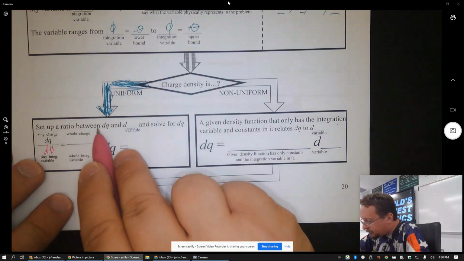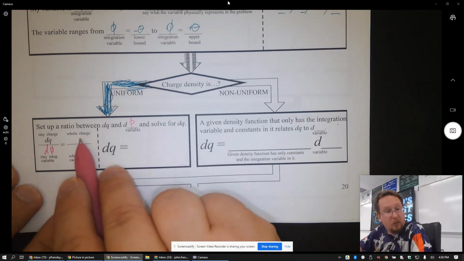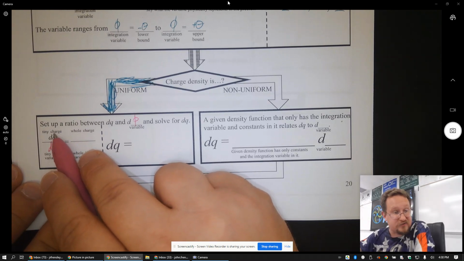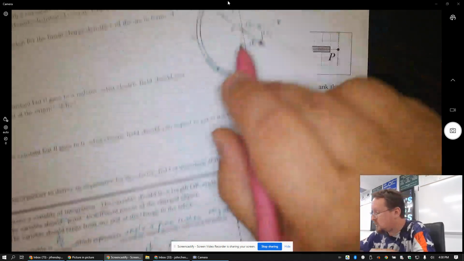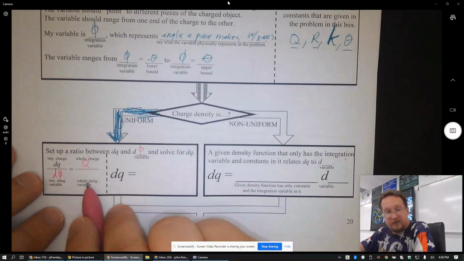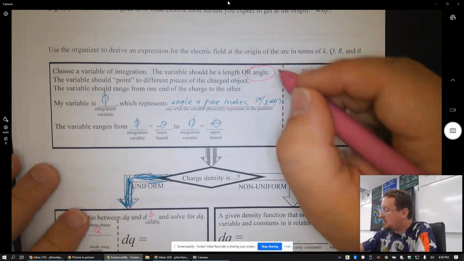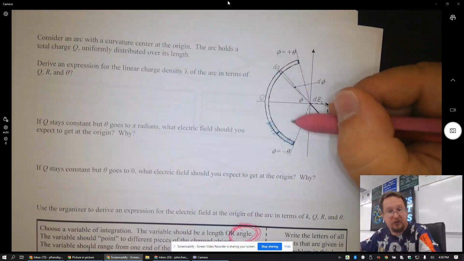All right, so set up a ratio between dq and the variable d phi, solve for dq. Well, I haven't finished my ratio yet, because the ratio is tiny over tiny equals whole over whole. What's the whole charge? The whole charge is capital Q. What's the whole angle? Remember, this is an angle that we're talking about. So the whole angle of the whole arc is going to be 2 thetas.